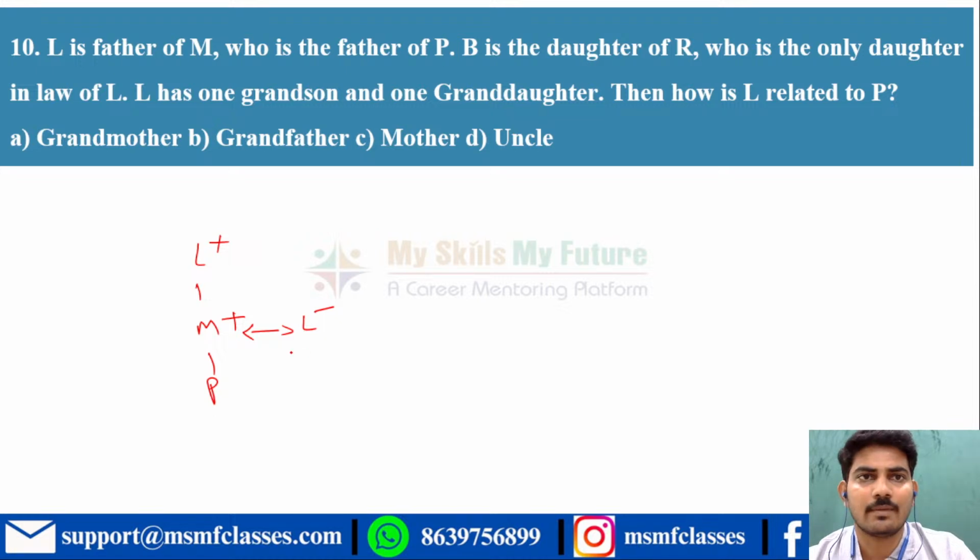Next, L has one grandson and one granddaughter. So we are reading this question now. B is the daughter of R here. So where is R actually present?